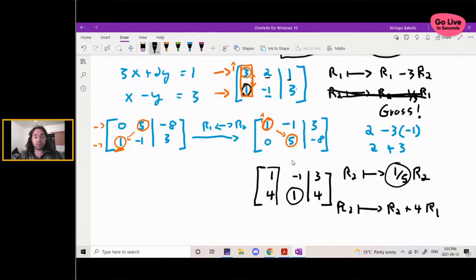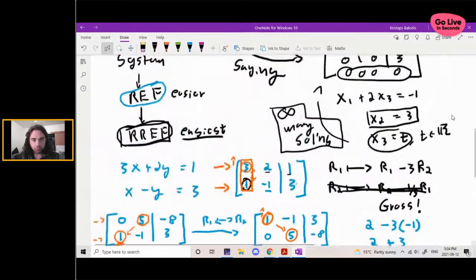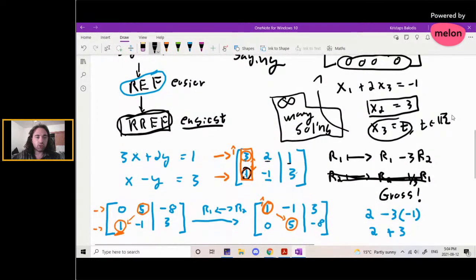But now something else happened: we ended up going backwards, right? We ended up getting these 2 entries on top of each other. So you also have to be careful. Our whole goal, we're trying to do this in order to get to reduced row echelon form, right?